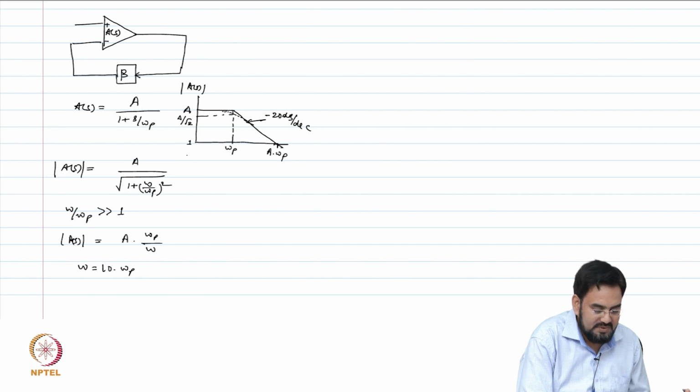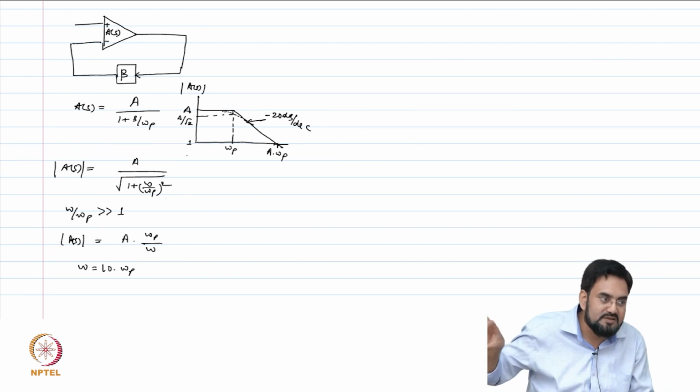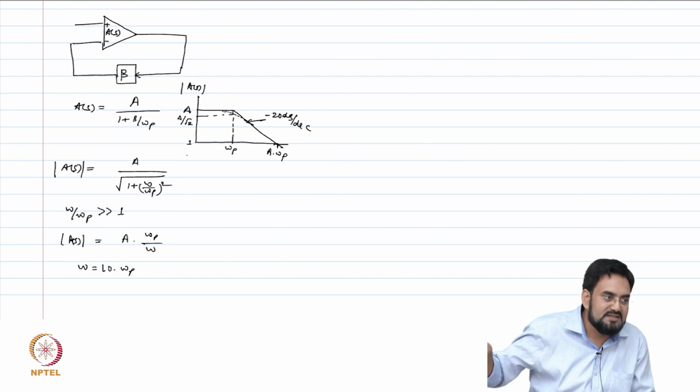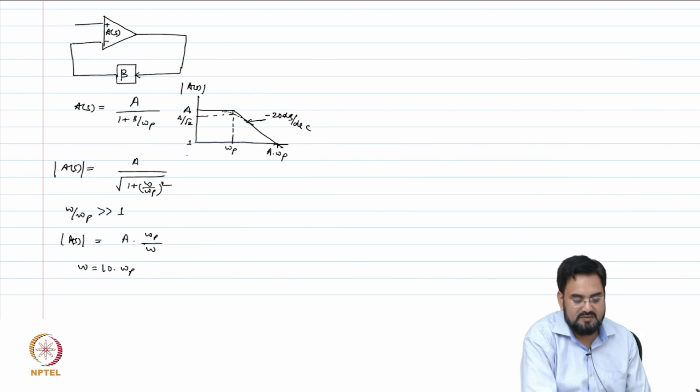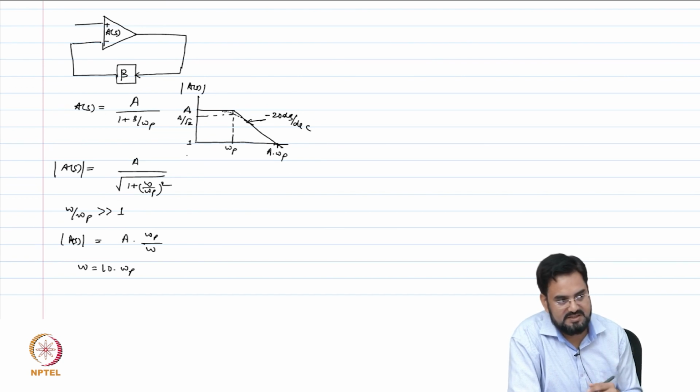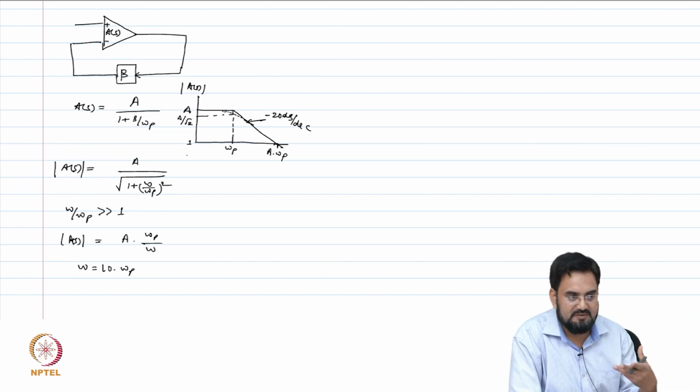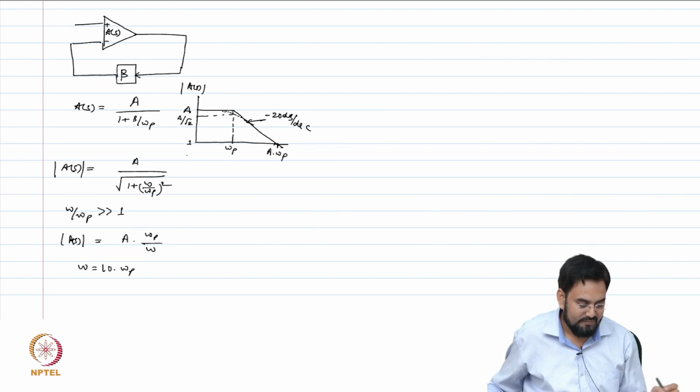If you do not consider this square root 2 factor, then you might see some difference in your actual result compared to what you theoretically calculated. So whenever you calculate the UGB and phase margin, you might be off by 4-5 degrees if you do not consider this square root 2 factor.